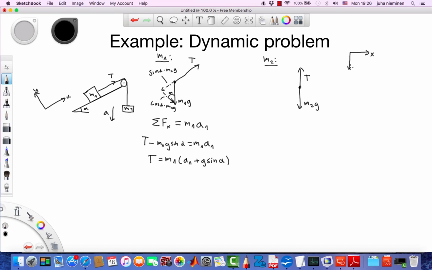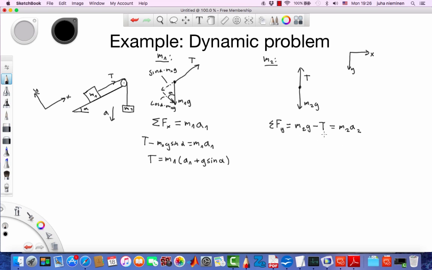Let's say it's going to be down, because we have the impression that the acceleration is going down as indicated by this. So the sum of forces in the y direction, with the positive one being m2g, minus T, equals m2 times the acceleration of object 2.